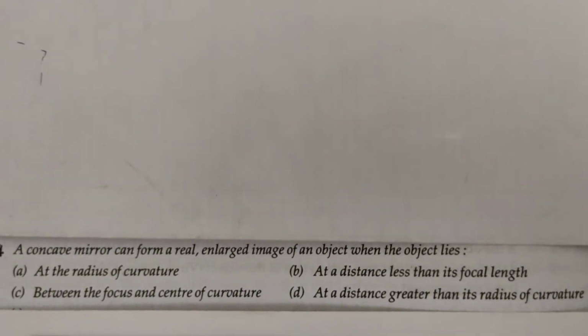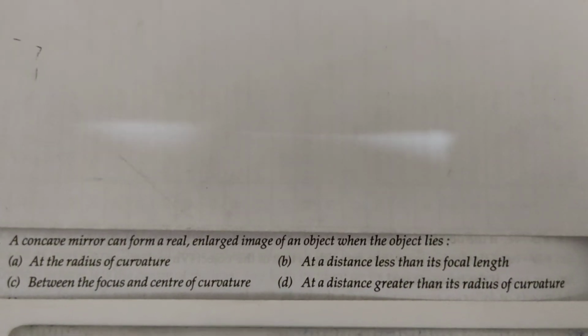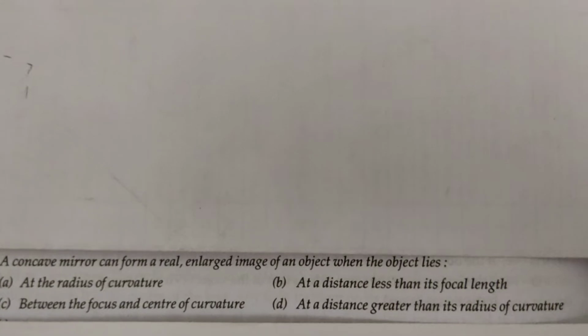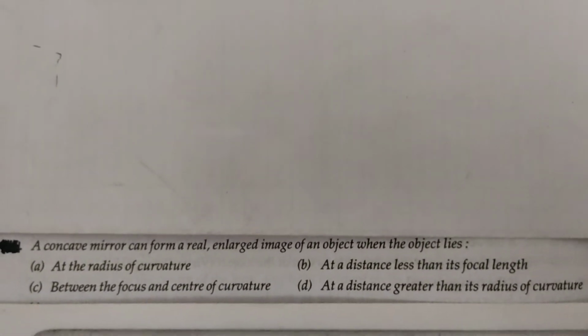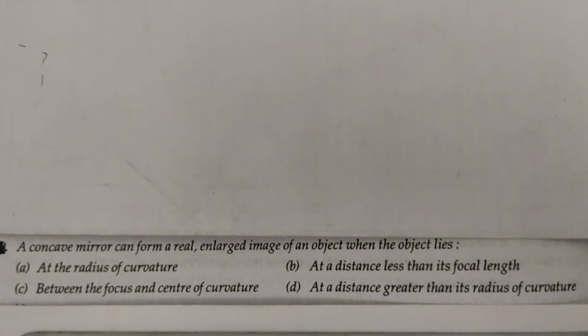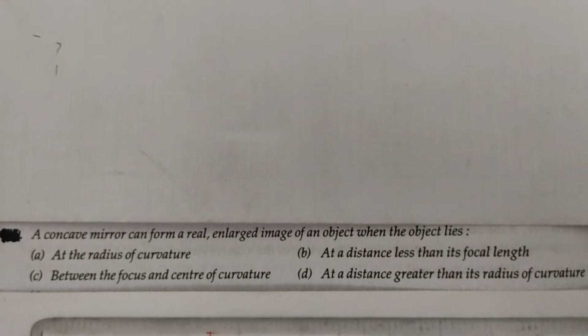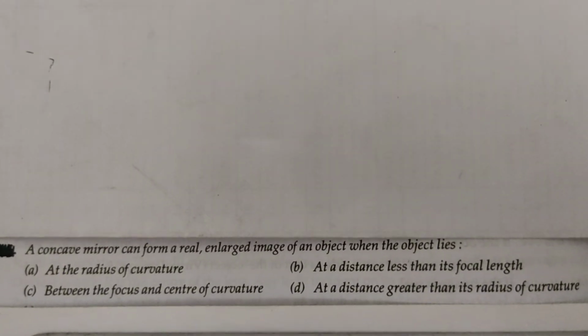Now the next MCQ is, a concave mirror can form a real enlarged image of an object when the object lies. See, it is an enlarged image, but it is real, not virtual. We know that a real enlarged inverted image is formed when the object is placed between center of curvature and focus of the concave mirror.